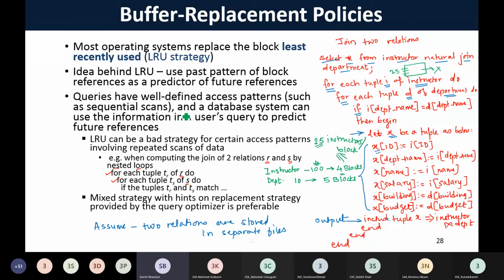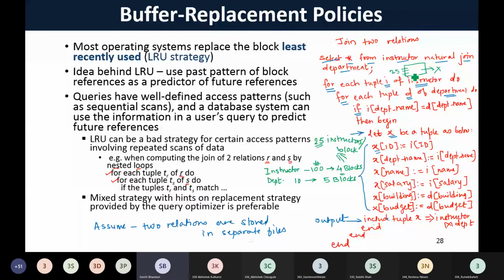So, once the processing of an entire block of instructor tuples is completed, that block is no longer needed in my buffer or main memory. Even though this block is being used recently. So this is my recently used block. But even though this block is being used recently, this block is not being used anymore.